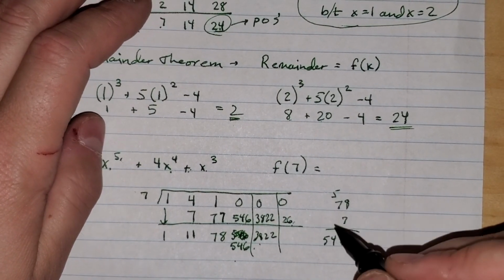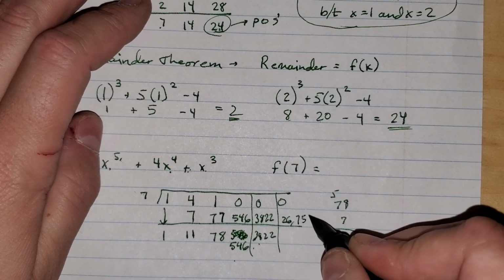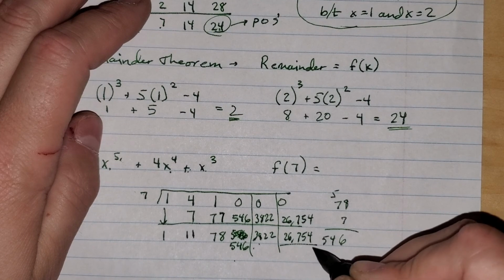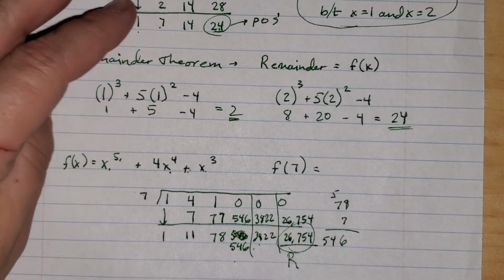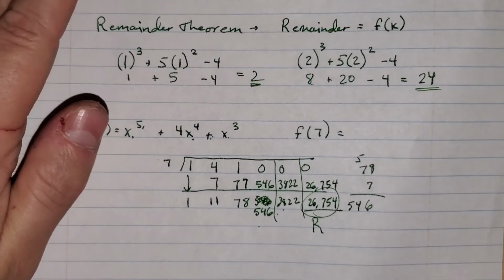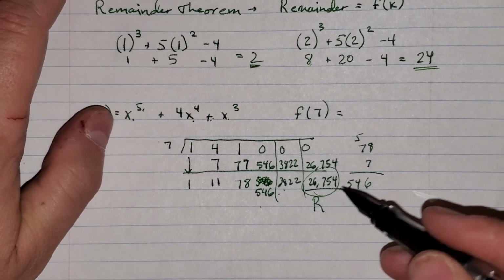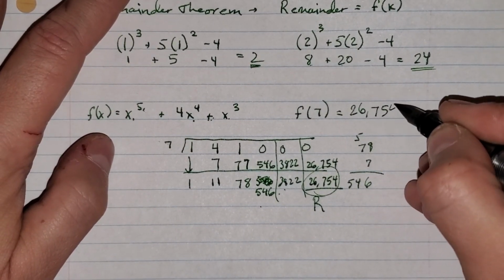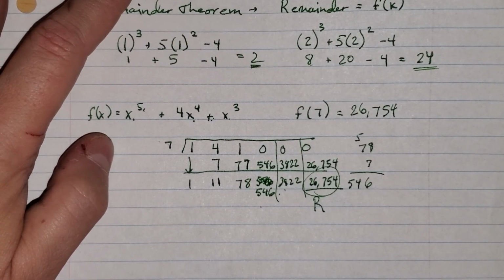Ooh, that's a miss. 26,754. Okay, that is my remainder. Cool. Okay, supposedly that's f of 7. 26,754. Unless I made a math boo-boo.